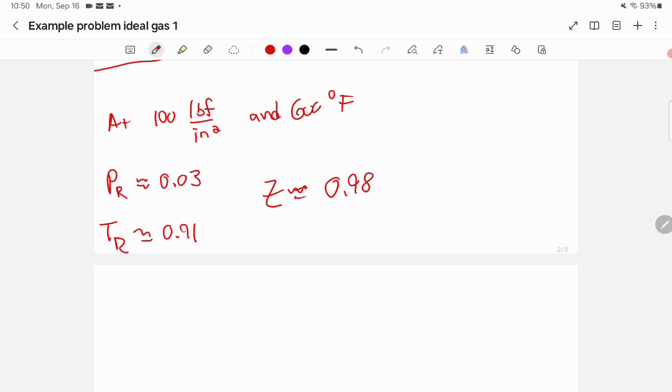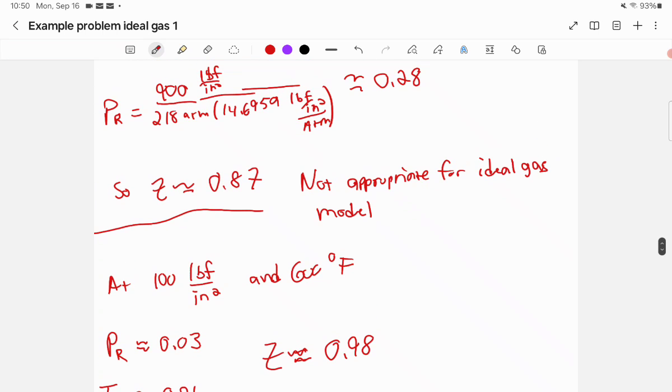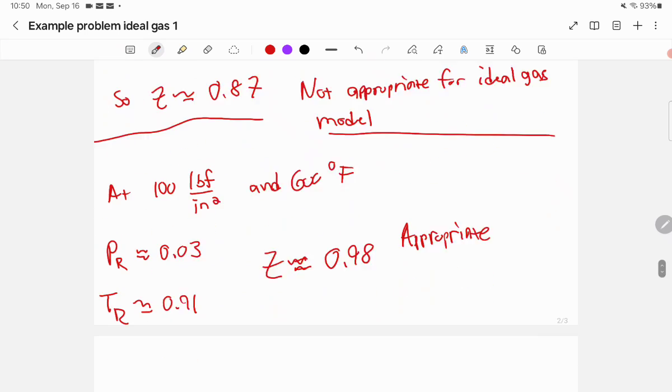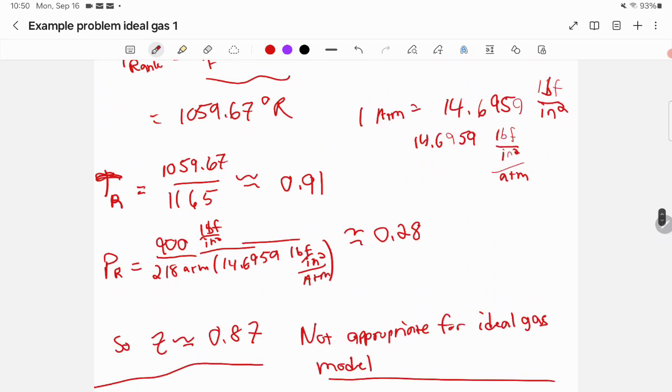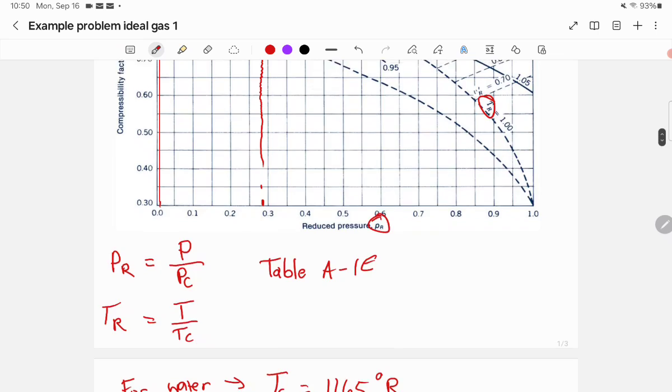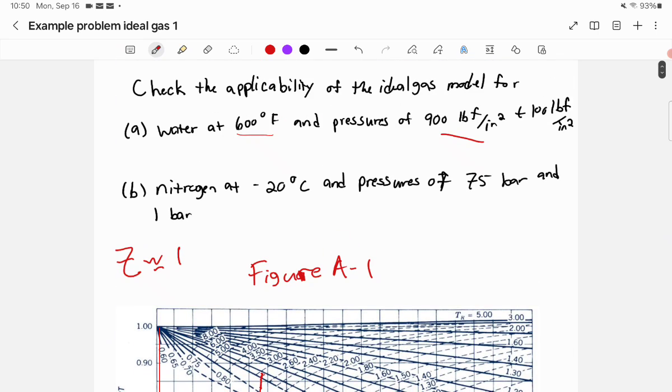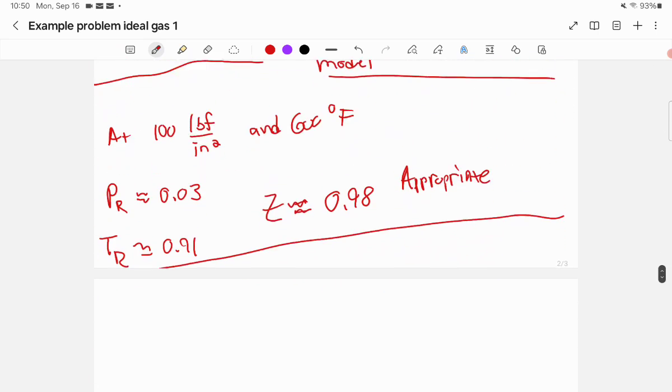So that's pretty darn close to 1, it's about 2% error. So we will say appropriate in this case. We could apply the ideal gas model to water at those pressures and temperatures.